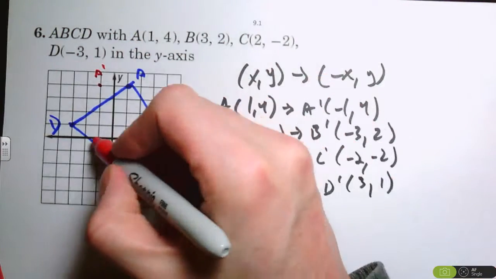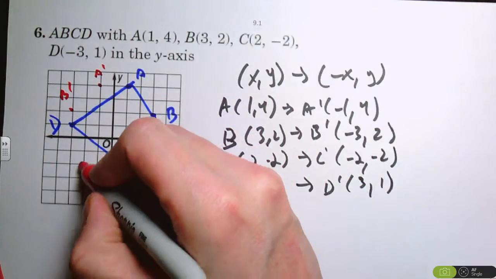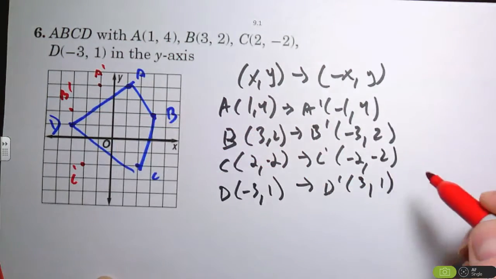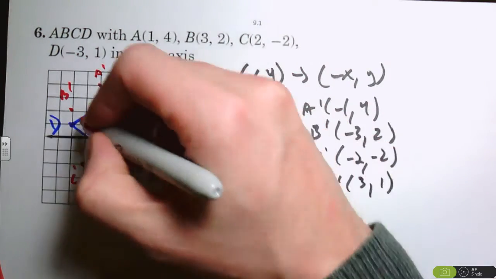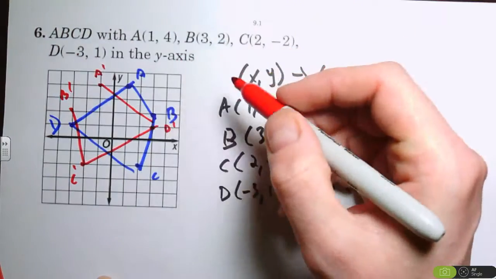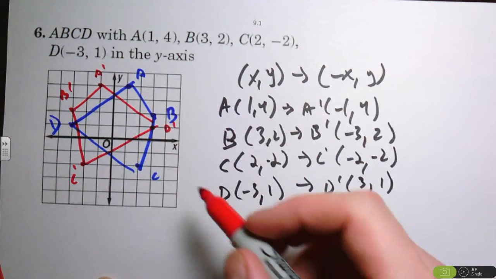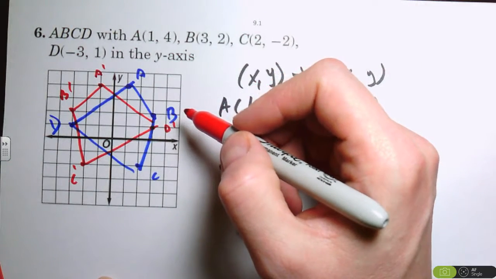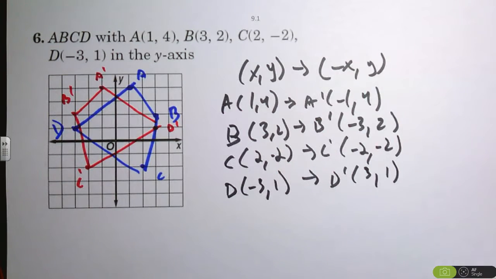B prime is at (-3, 2). C prime is at (-2, -2). And D prime is at (3, 1). And there we go. It's kind of sloppy because I'm not the greatest artist in the world, but it's reflected there across the y-axis.